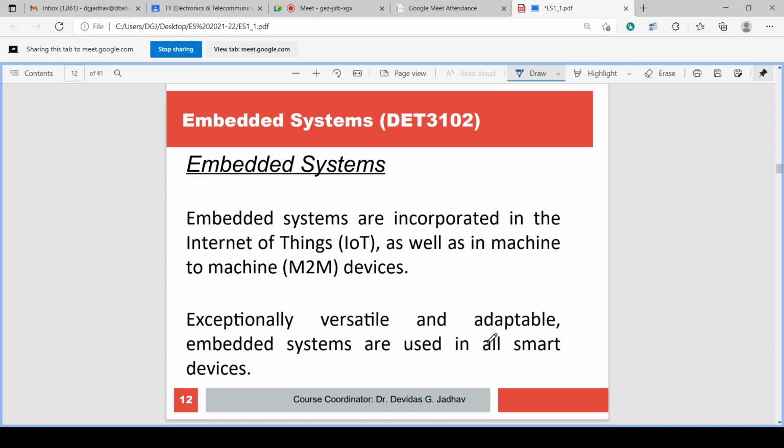Machine to machine means one machine communicates with another machine. In that, a microcontroller or embedded system can be used, or the machine communicates with the help of the internet to the internet system. That is IoT, Internet of Things.